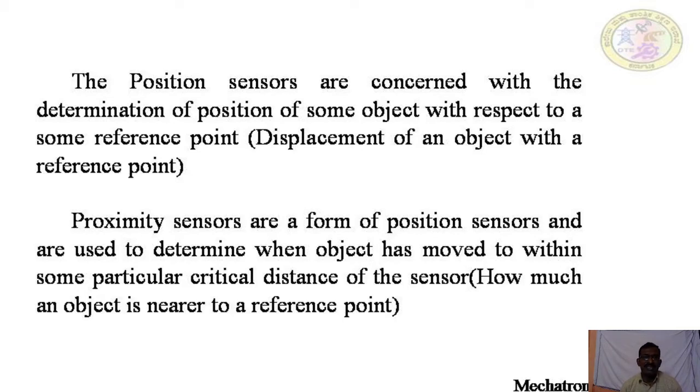The critical distance of an object or the movement of an object within the prescribed area is known as proximity, and this close proximity of an object or critical distance of an object is measured by proximity sensors.